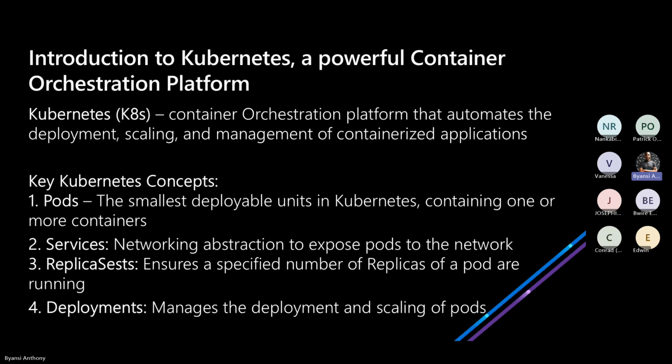Think of it as a networking abstraction that exposes pods to a network, right? We also have replica sets that essentially ensure a specified number of replicas for a pod that you're running.